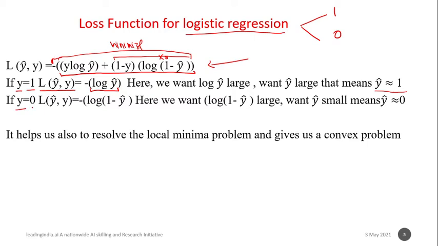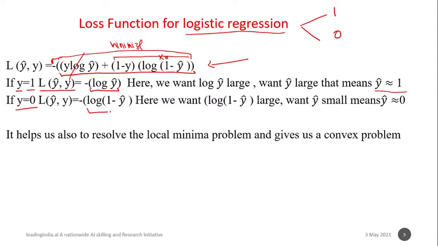Now let's look at another example, when y equals 0. In that case this part will be gone because it is multiplied by 0. So you have (1 minus y) times log of (1 minus y cap). Now 1 minus y, which is 1 minus 0, remains 1. So we have log of (1 minus y cap).